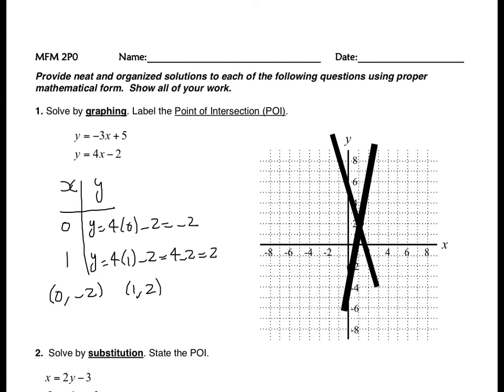As you can see, the second line is also drawn going through the points 0, negative 2, and 1 and 2. The point of intersection, as you can see from the graph, is this point, which has the coordinate of 1 and 2. So the POI is 1, 2.